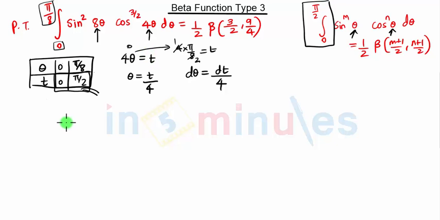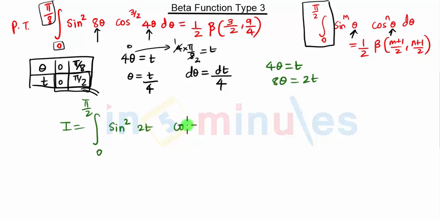So now our new integration will be integration of 0 to pi by 2 sine square 8 theta. 4 theta is t, then 8 theta will be 2t. So we get sine square 2t cos raised to 3 by 2 4 theta is t into d theta is dt upon 4.